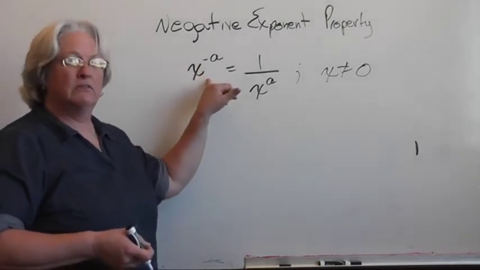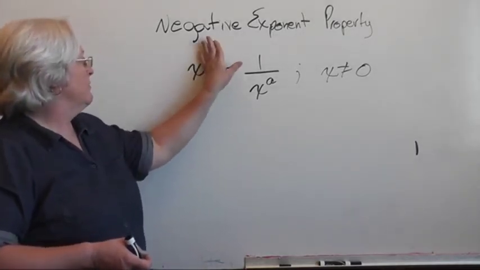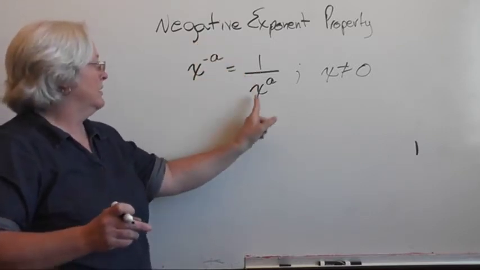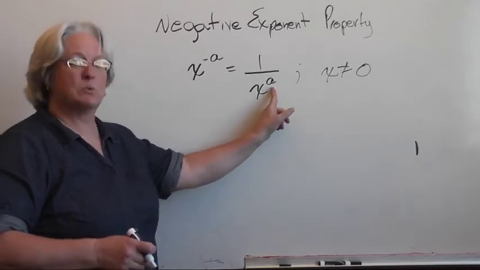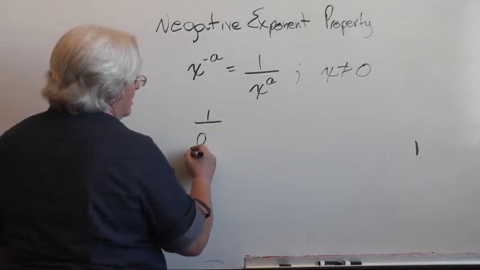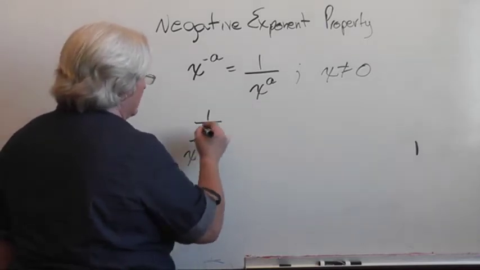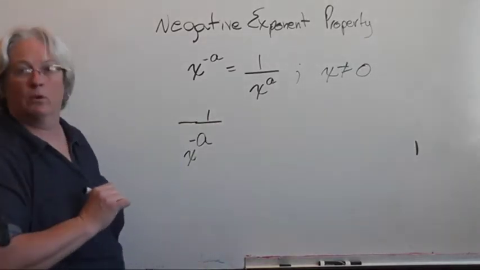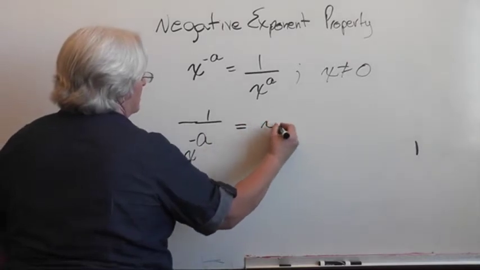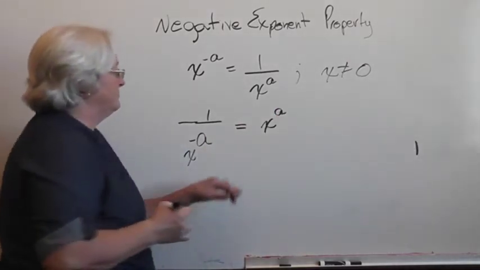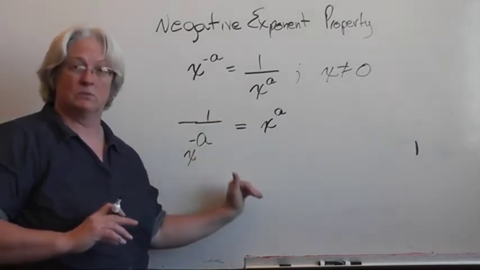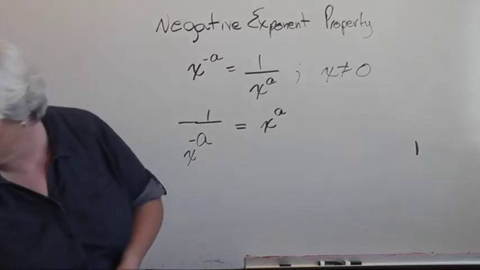So if you have a negative exponent of a base, you write the reciprocal of that base, and the exponent is positive. Similarly, if you had 1 over x to the negative a, that would be x to the positive a. If this one is frying your brain too much, just do some practice and it'll make more sense to you.